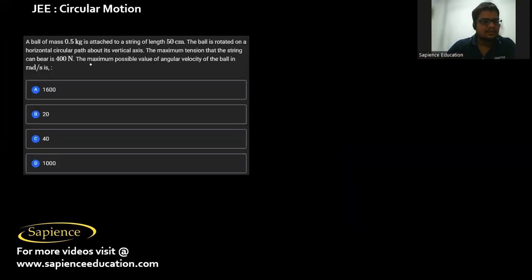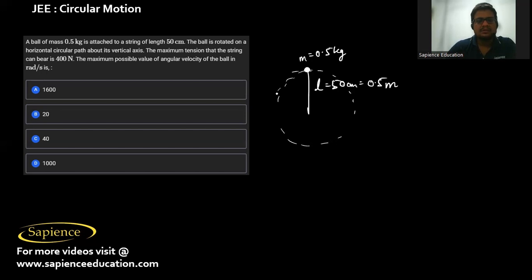And here it is told, a ball of mass 0.5 kg is attached to a string of length 50 centimeters, which means 0.5 meter. The ball is rotated on a horizontal circular path about its vertical axis. So it is moving in a horizontal circle about its vertical axis.